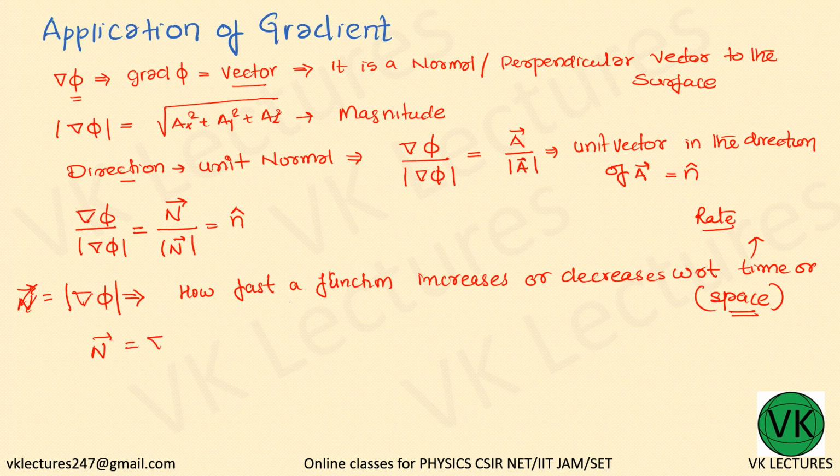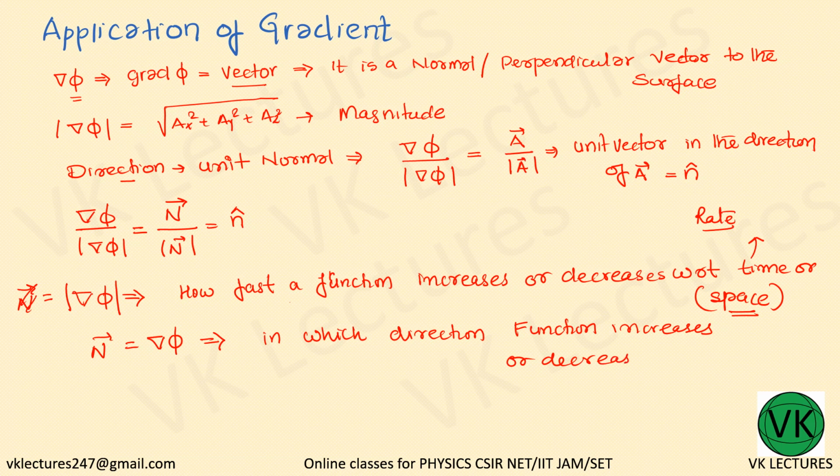N is, we know, gradient of phi, and this tells us in which direction the function increases or decreases. The magnitude tells us how fast.